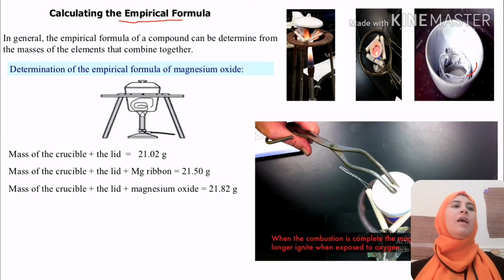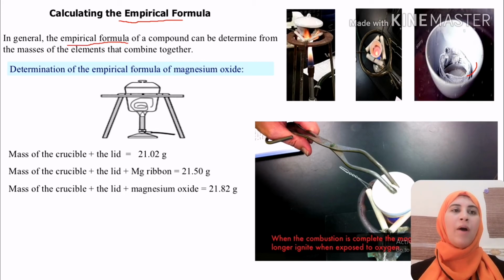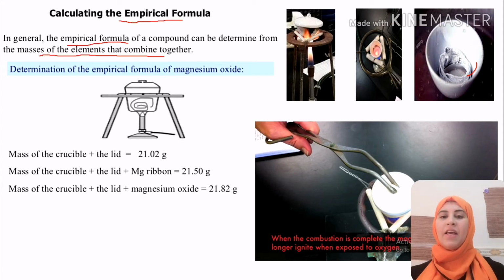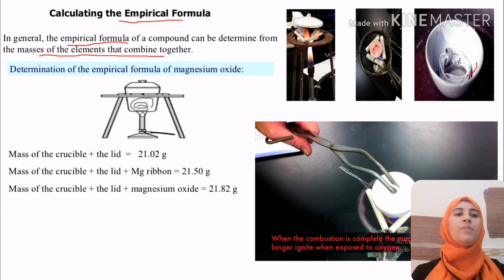Okay? Now we can say that the empirical formula of a compound can be determined from the masses of elements that combine together in the chemical reaction. Take care, these calculations are important because magnesium, Mg, will react with oxygen, O2, to form magnesium oxide, MgO.